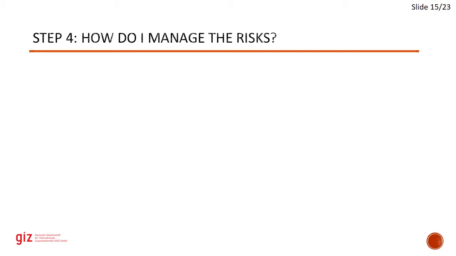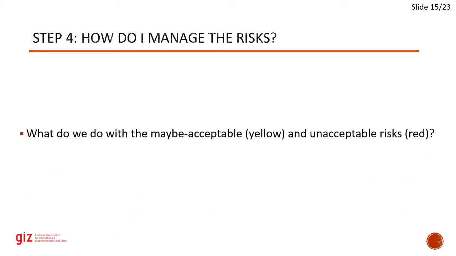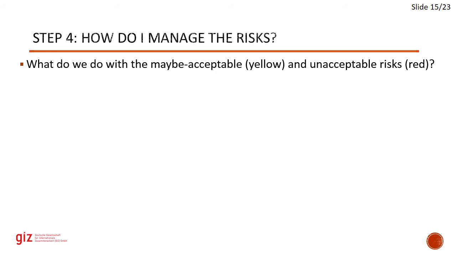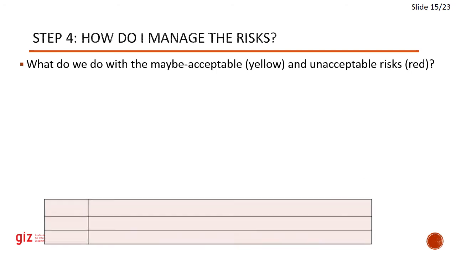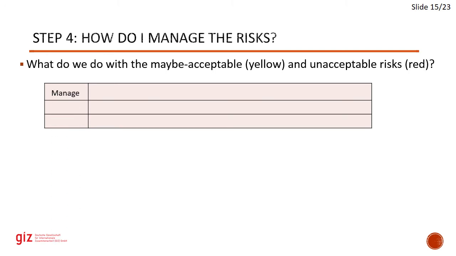So, part of the risk assessment is deciding what do we do with the maybe acceptable and unacceptable risks. We could decide to manage the risk. Managing the risk means looking at ways to decrease the seriousness or likelihood of the risk. As I said, we will discuss this more in detail in course 3. We could also decide to avoid the risk.